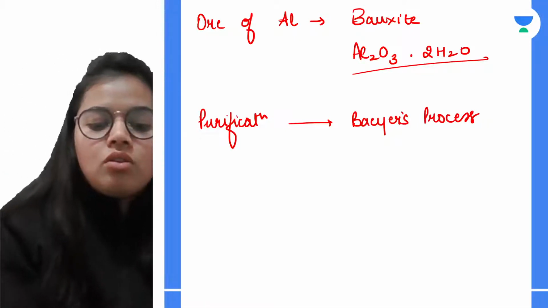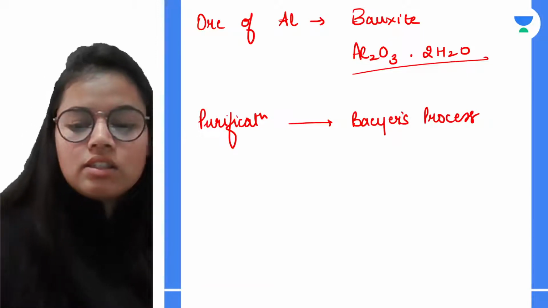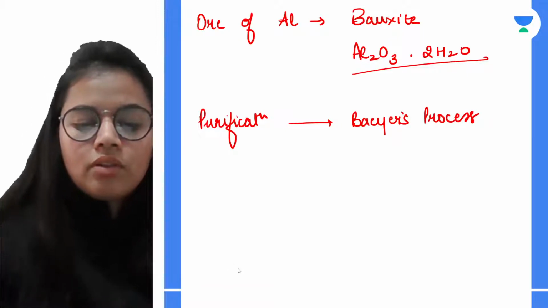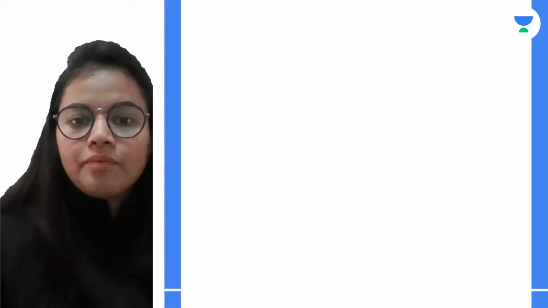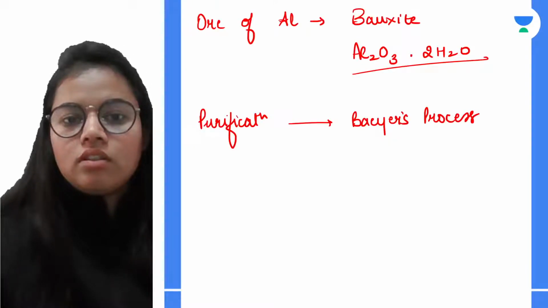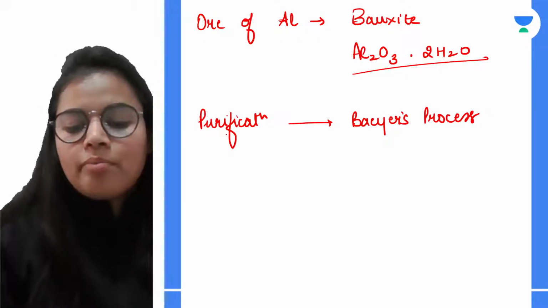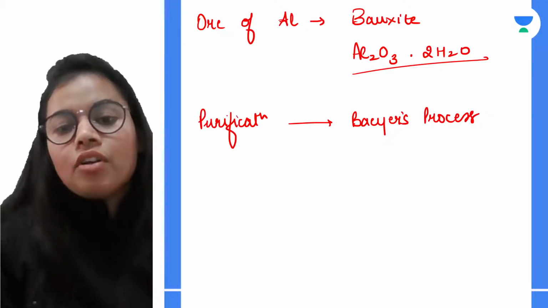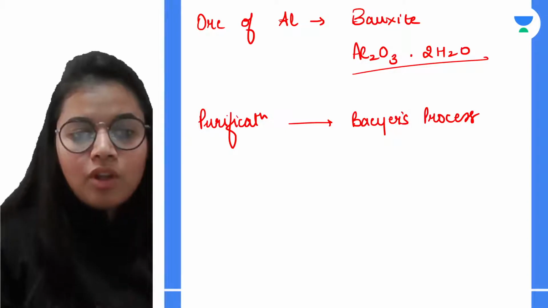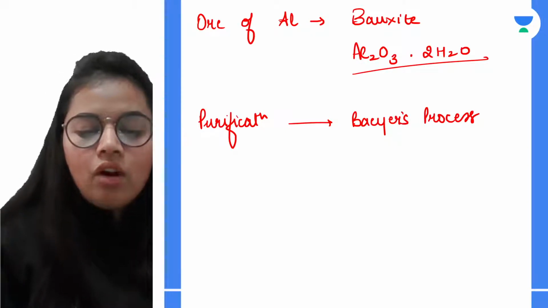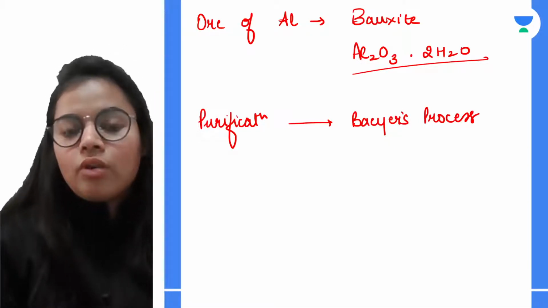So let's just discuss the processes once. What is happening in Bayer's process? Basically, we are purifying the ore. Similarly, in Hall-Heroult's process also we are going for the same.